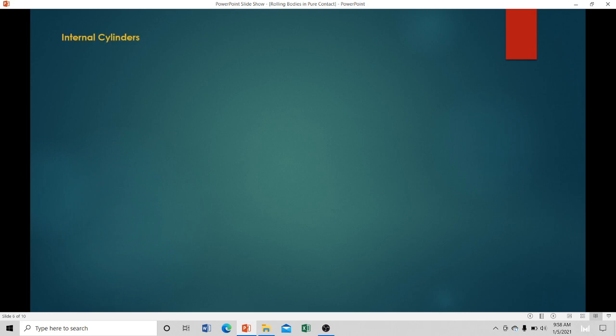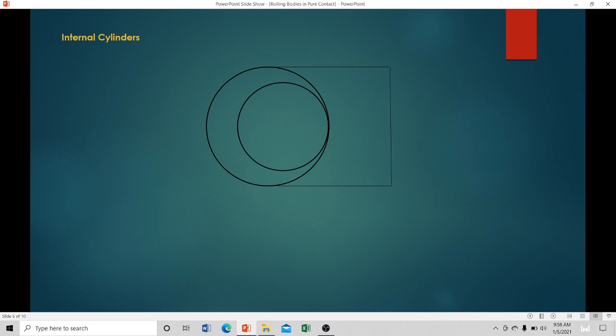So for the internal cylinder, we have this figure. For the bigger circle, we call it cylinder 1, and the smaller is cylinder 2.